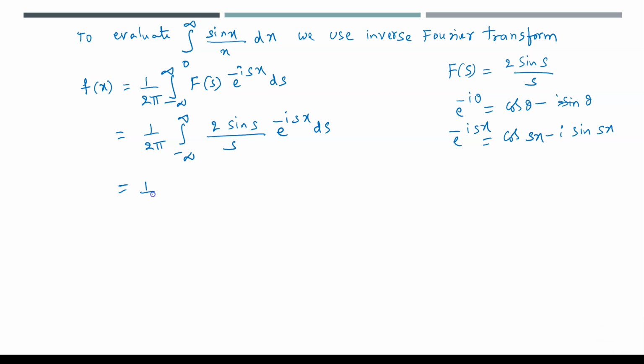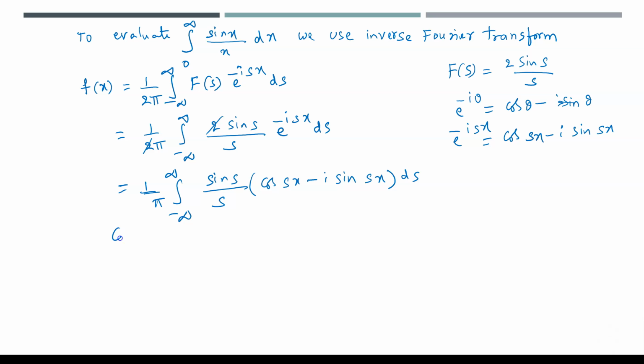So we write 1 by 2 pi integral from minus infinity to infinity. Here this 2 you can take outside, and these will get cancelled. So you can write only 1 by pi integral from minus infinity to infinity of (sin s upon s)(cos sx minus i sin sx) ds.